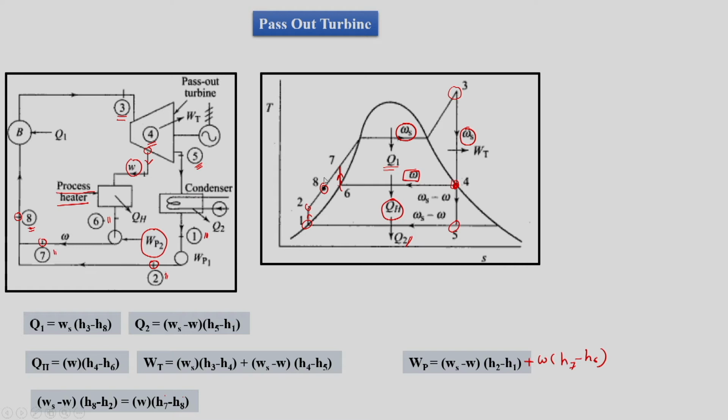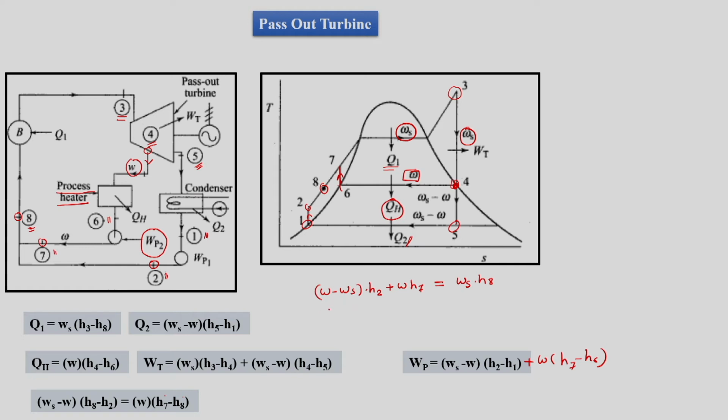Practically, as in the other case, we have Ws minus W amount of water at H2 state mixing with W amount of other water at H7 state, and both mix to form Ws amount of water at H8 state.